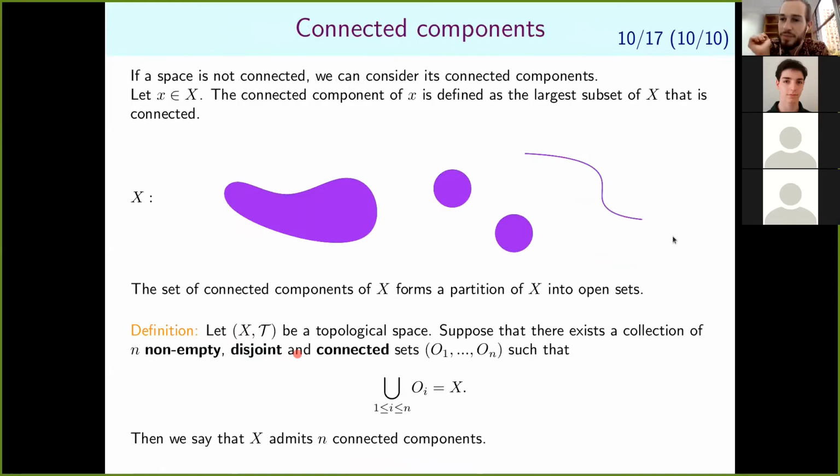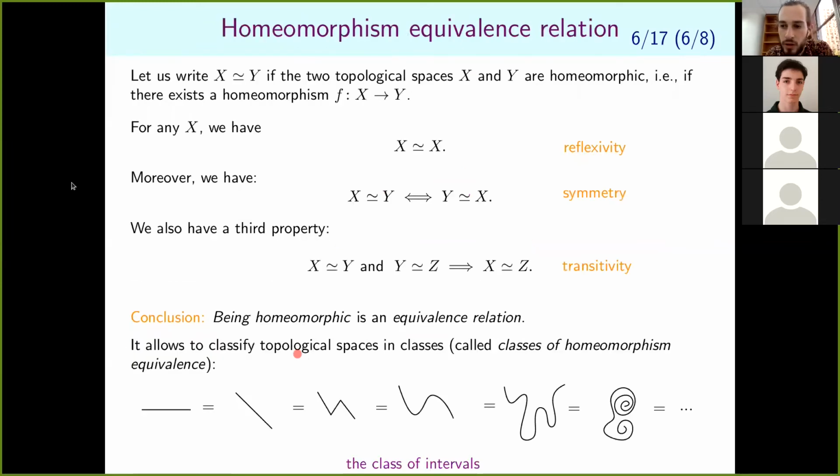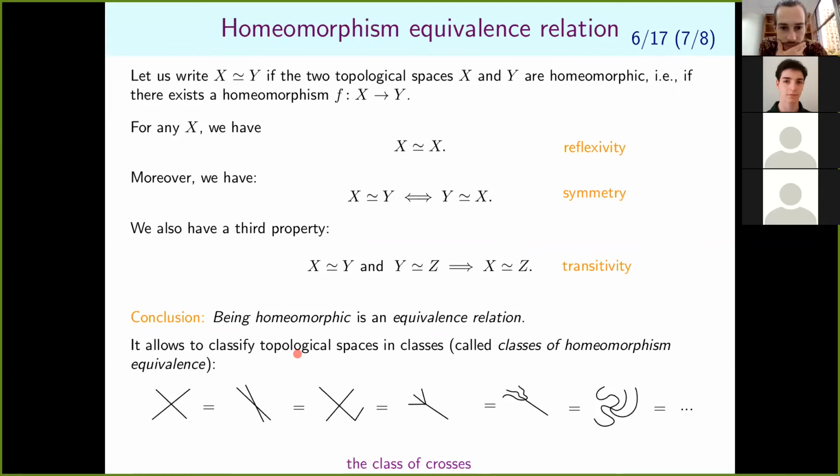Raphael. Yeah. Can you just go back to the last slide? It's a question. This one? Yeah. No, for the crosses. Sorry, the class of crosses. This number of intersections is invariant? Or is it just an example of the images?